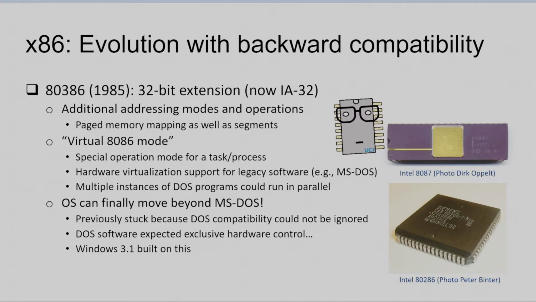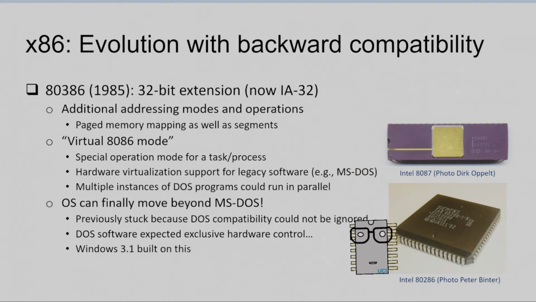DOS programs at the time were very important, because they included things like spreadsheet programs, which were one of the big things in computer usage at the time. It could host multiple instances of these programs, video games, whatnot, to run in parallel inside a host operating system. It's kind of difficult to imagine how big a deal that was now, but it meant that the operating system could finally move beyond MS-DOS.